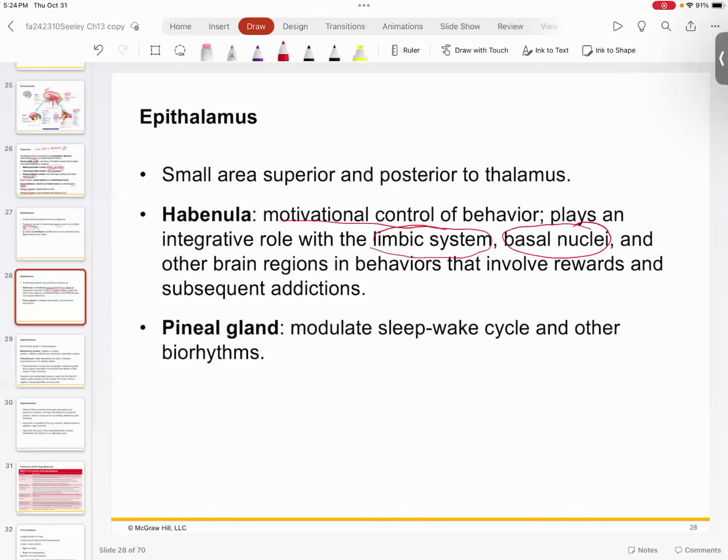So that's where some of these addictive behaviors come from and things of that nature. So it's kind of complex, right? Because there are a lot of really complicated areas that are involved in this particular section.